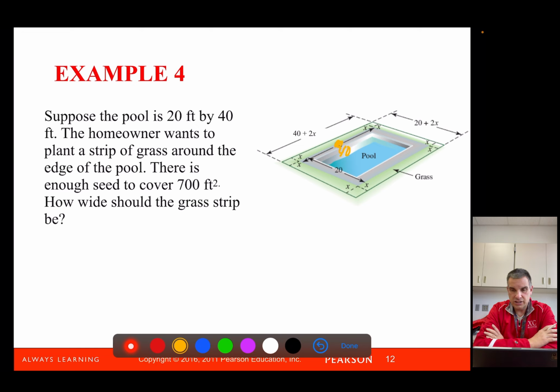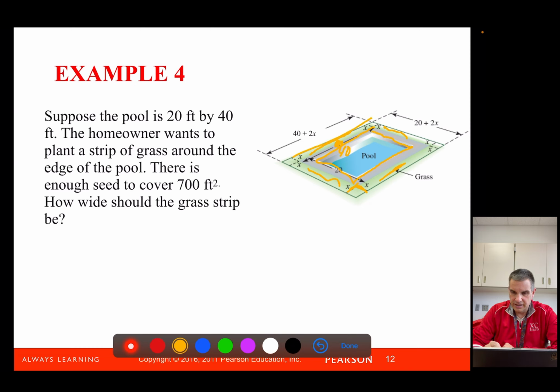So our grass strip is this green area on the drawing here. We know we want it to be uniform throughout. So that's why you see this length of x and this length of x. Okay, so then our pool is 40 by 20.